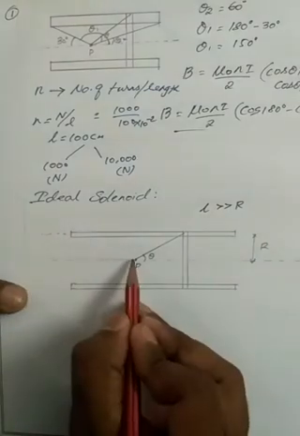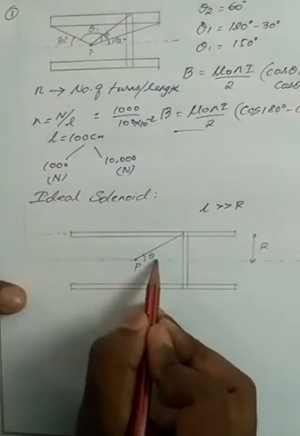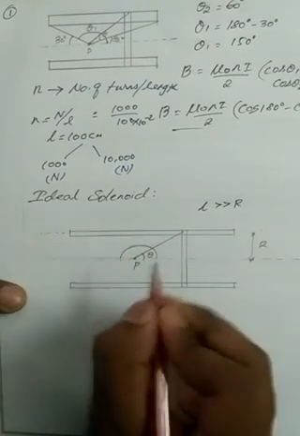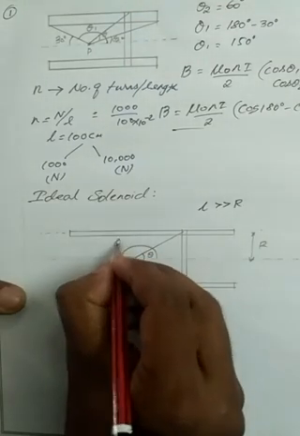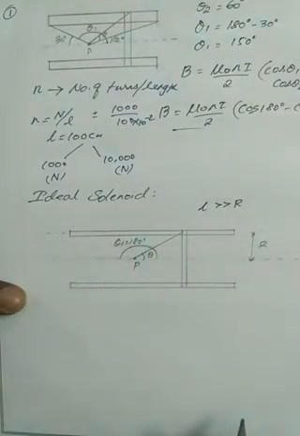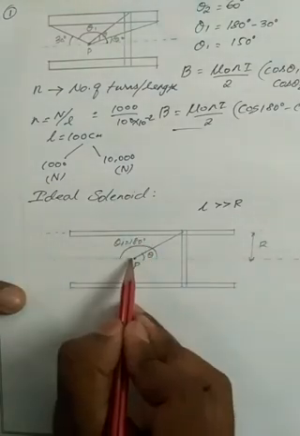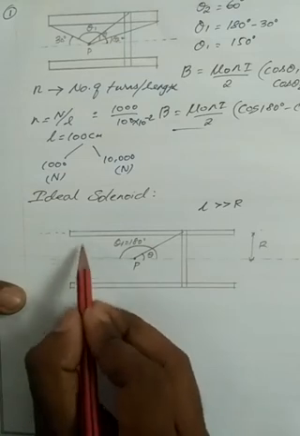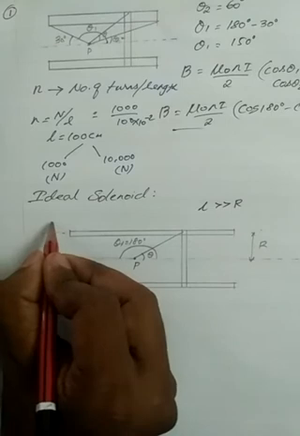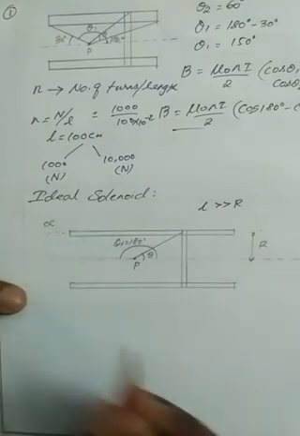So here, what is our theta 1? Theta 1 is calculated from here. If I cover the theta 1, then my theta 1 will become 180 degrees, right? Why? Because I have to draw a parallel line, then only these two parallel lines will meet at infinity, because the length of the solenoid is taken as infinity.